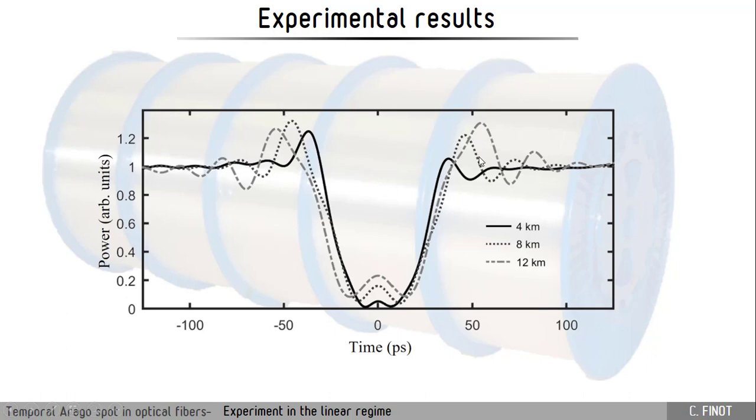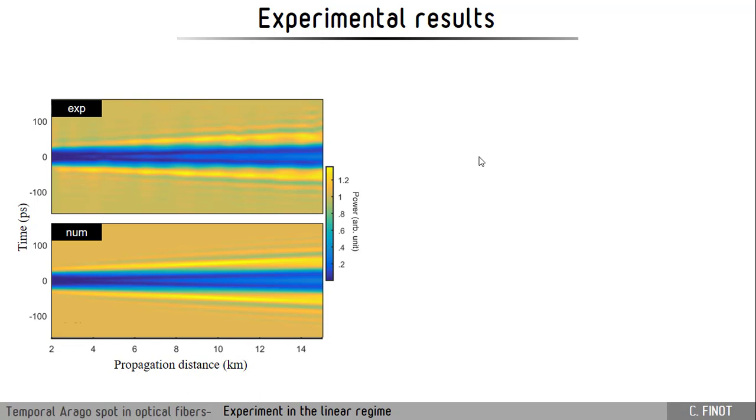So we reproduce quite well what we were expecting, and we can make here the comparison between our experiment and the results of numerical simulations, and we see that the agreement is excellent.